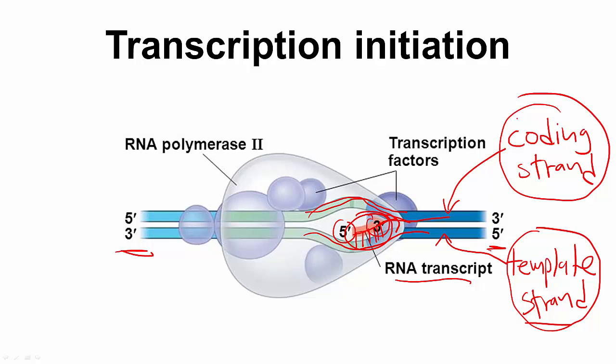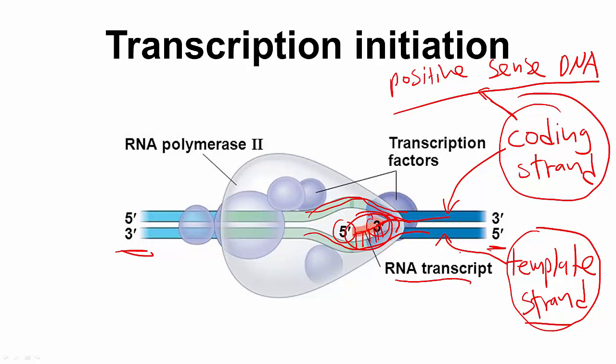Another name for the coding strand, or basically the strand of DNA that has the identical sequence compared to the RNA transcript, is positive sense DNA. Okay, we can say the DNA has positive sense.